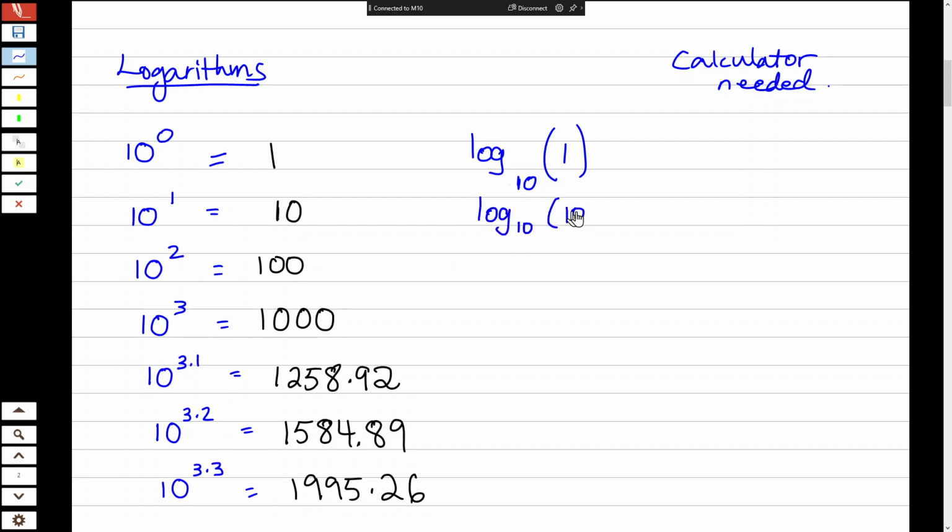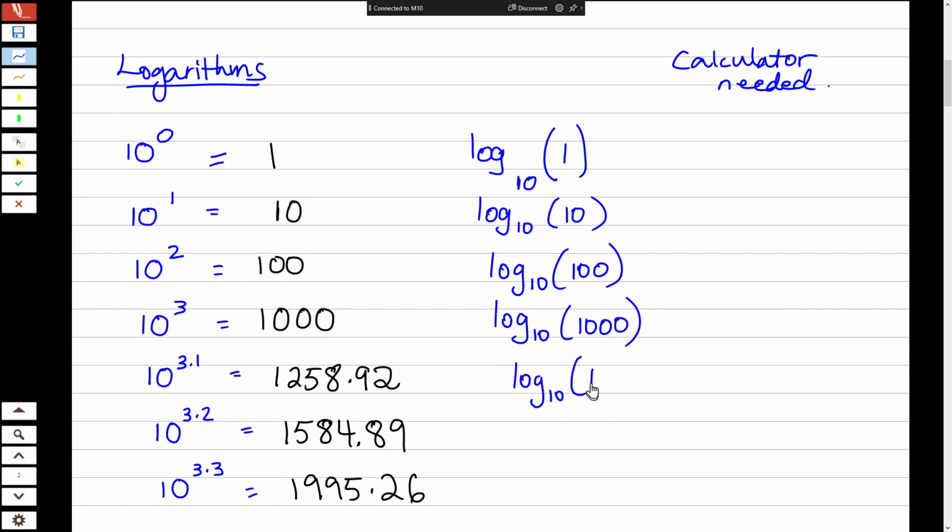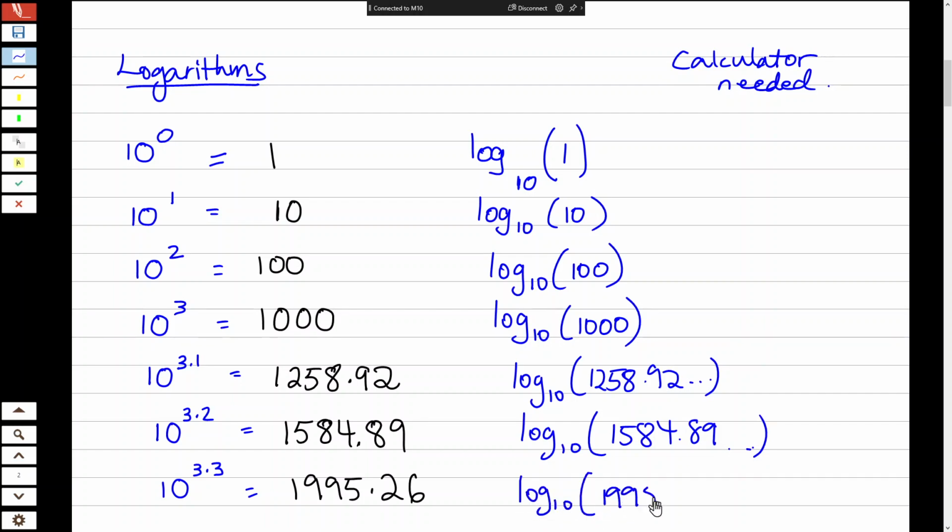So I want log of 1, log of 10, log of 100, log of 1,000, etc. Yeah, press log first. All right, I'll just make my way around. Make sure you found the log button.